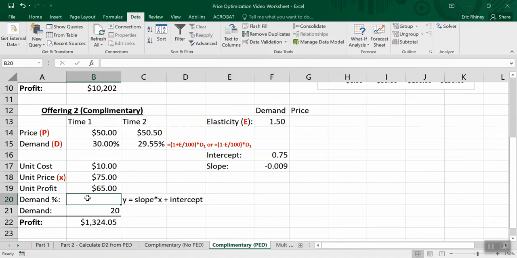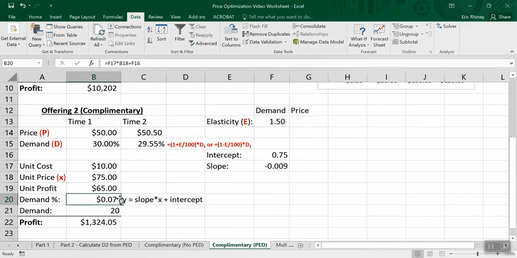All right, so equals our slope times our price. Right now there's $75 in there, and that's just what we already had calculated previously, plus our intercept. And there you have it.